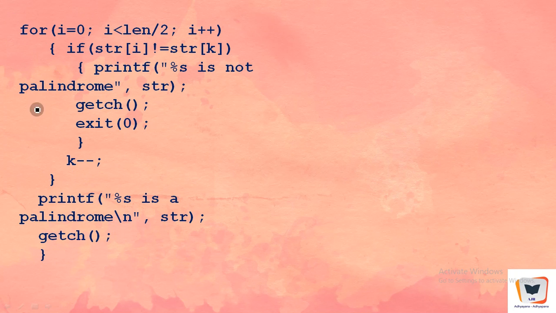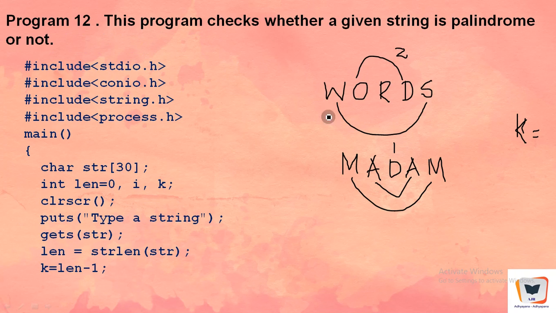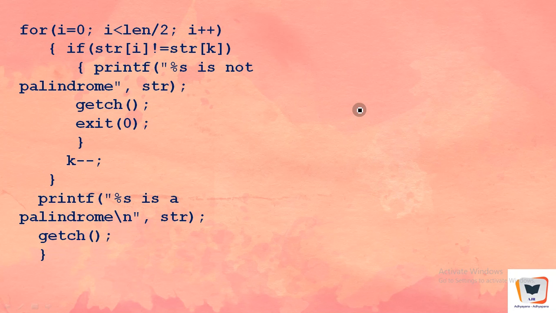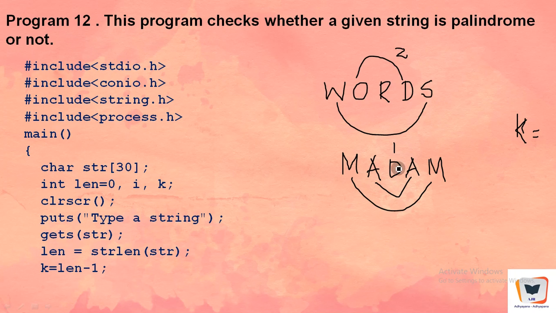Length minus 1. Now for I equal to 0, I less than length by 2, because the number of comparisons needed is the length of the string divided by 2. We have shown it over here: it should be 5 by 2, like n by 2 if the length of the string is n. I plus plus. Because we initialized k equal to length minus 1, k is here, and I will start from over here.